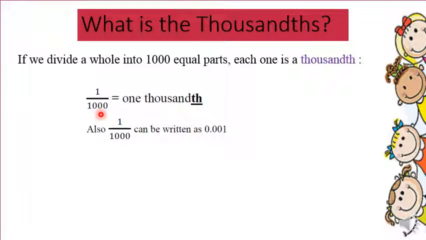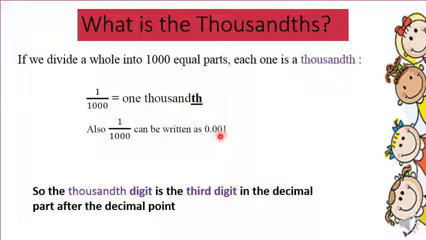Now the thousandth. Similarly, the thousandth is represented as a fraction as 1 over 1,000. So it's read as 1/1,000th. If I want to write it as a decimal number, it's 0.001. This one is read as 1/1,000th. The third digit after the point is called the thousandth digit.